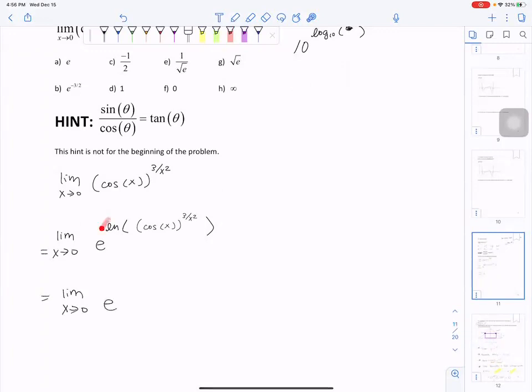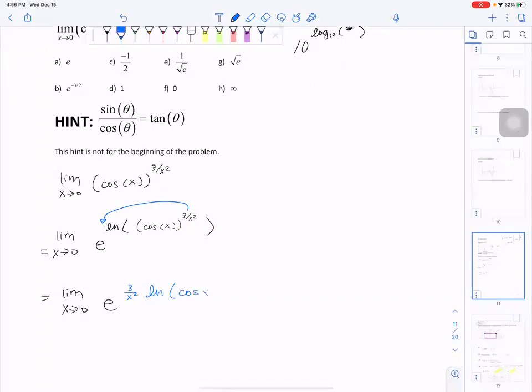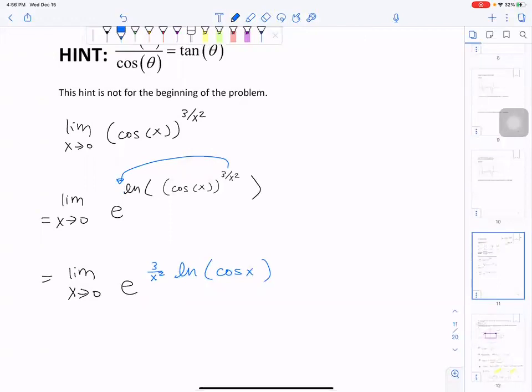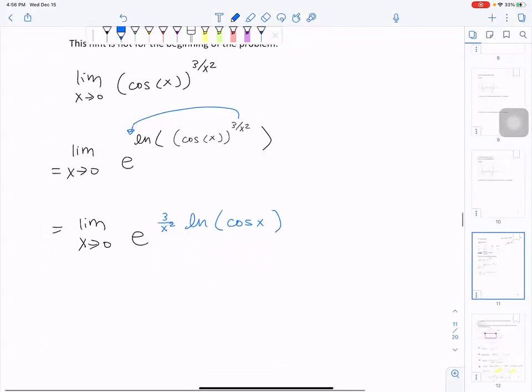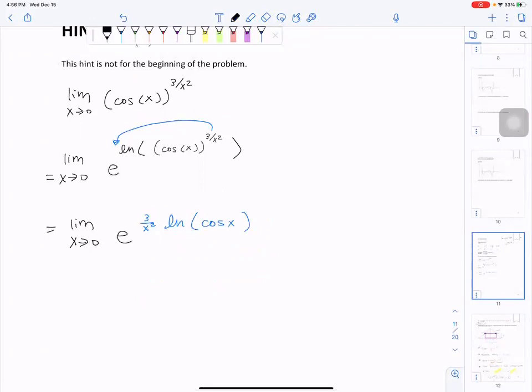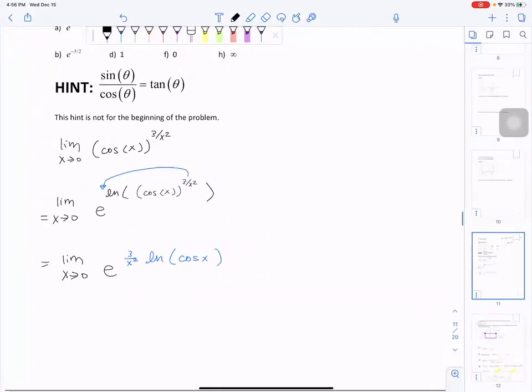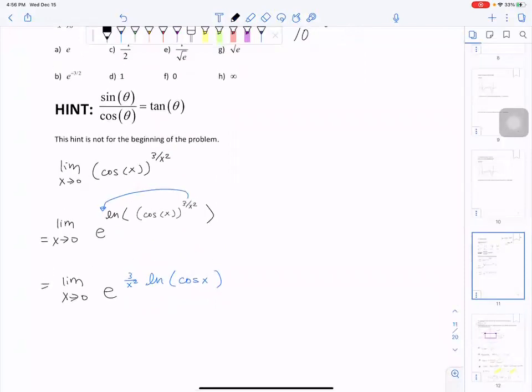So how could we write this exponent here? Well, we have natural log and this exponent 3. Natural log rules say we can bring this down. So we have 3/x² times natural log of cosine x. And then another rule, which wasn't stated very often, is that the limit of a composition equals the composition of the limits.